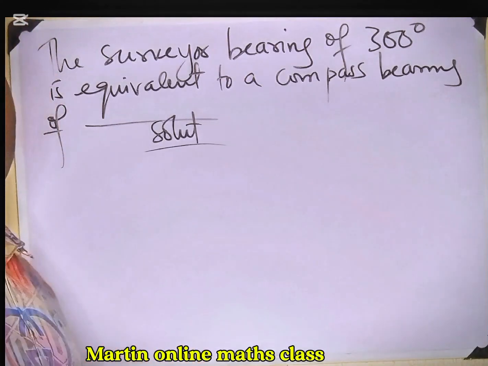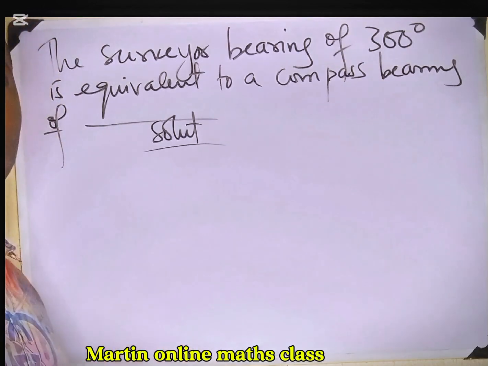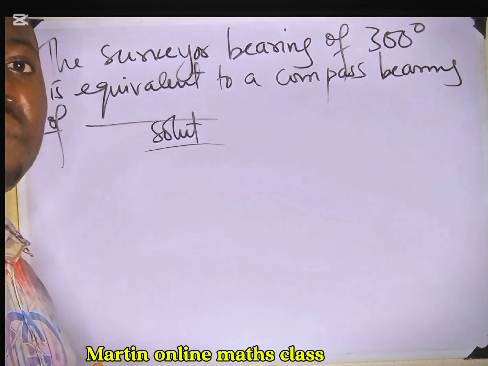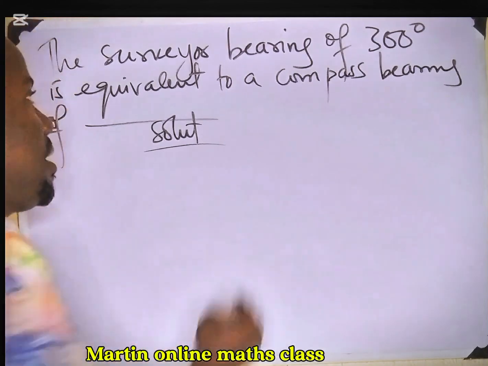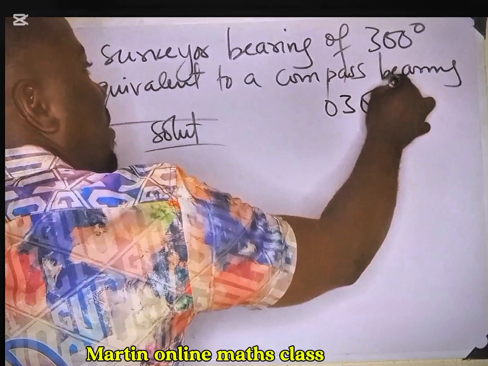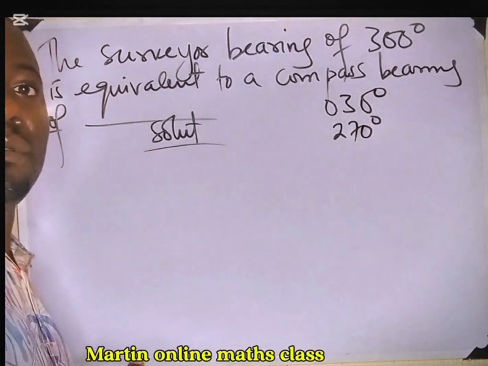We have the three-digit bearing and we have the compass bearing. In three-digit bearing, the bearing is written in 3 digits. For instance, 030 degrees, 270 degrees, and so on.